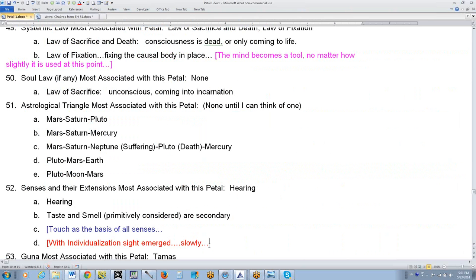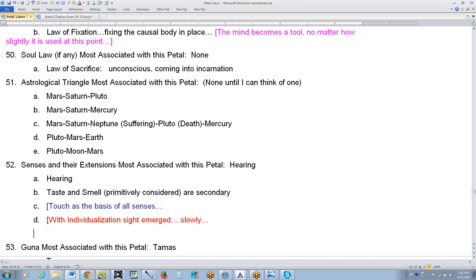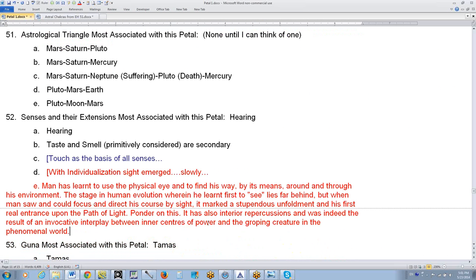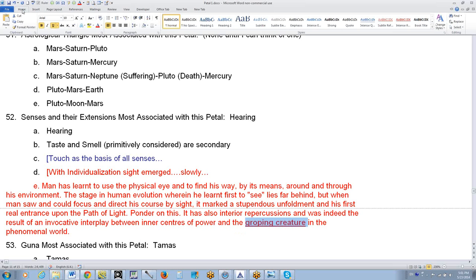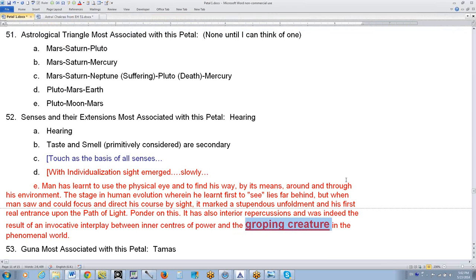I think I want to include this, man, the groping creature. Yeah, the groping creature without an eye. Amazing. Probably we have to pinpoint this the best we can, and again, I think Philip and his work may be useful in that regard.